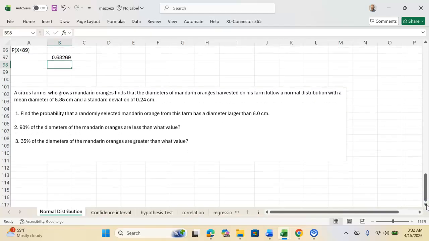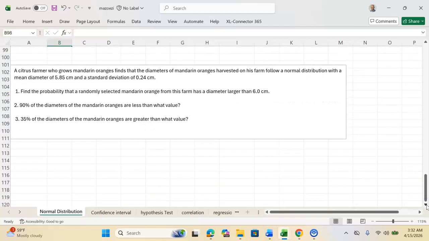So let's look at this question. It says a citrus farmer who grows mandarin oranges finds that the diameters of the oranges harvested on his farm follow a normal distribution with a mean diameter of 5.85 and a standard deviation of 0.24.